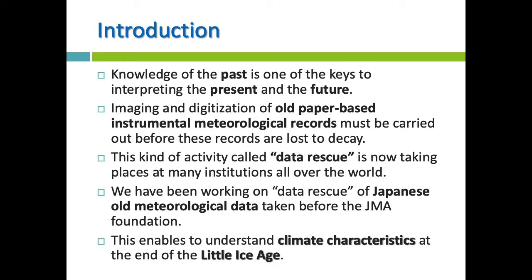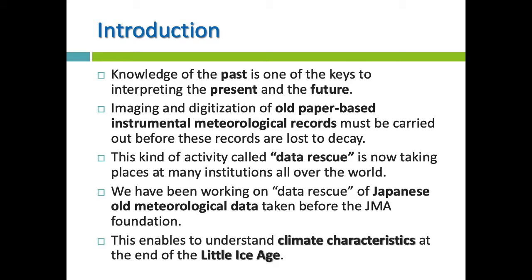Information of the past climate is one of the keys to interpreting the present and the future climate. Imaging and digitization of old paper-based instrumental meteorological records must be carried out before these records are lost to decay. This kind of activity, called data rescue, is now taking place at many institutions all over the world.